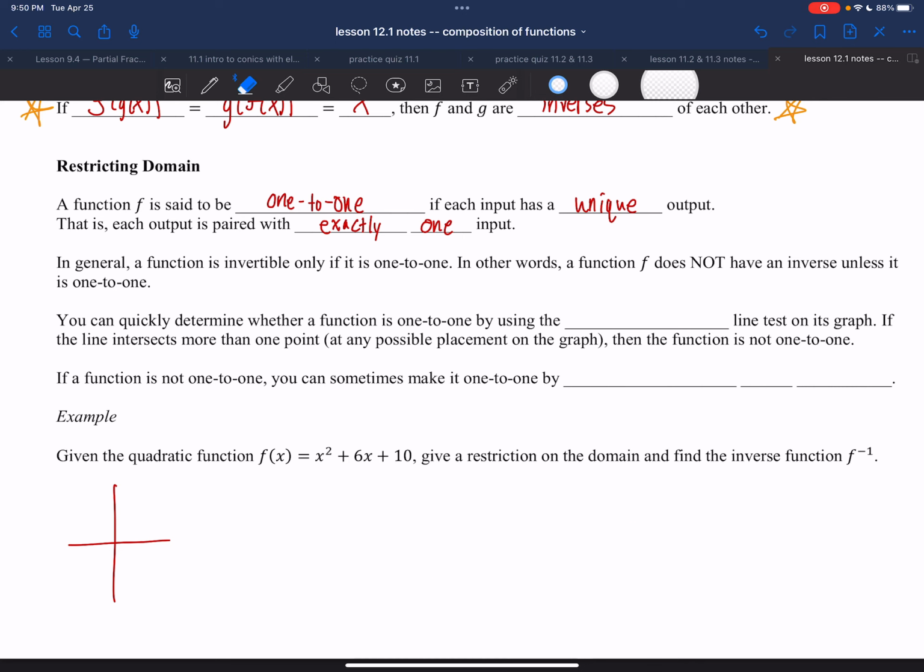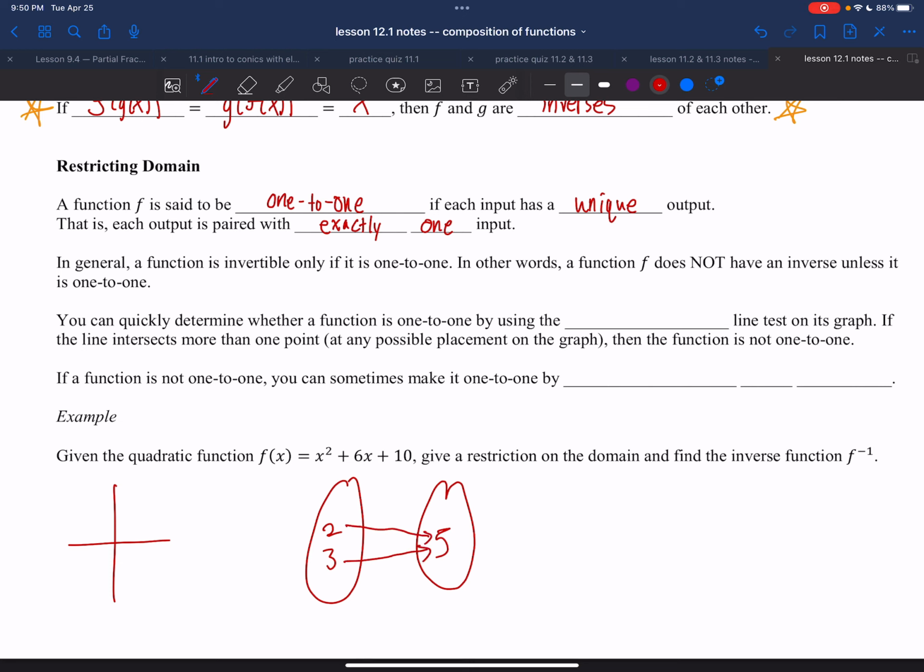So I'm going to erase all this. If I say that I have 2 and I have 3, and let's say I have the output 5 over here, if 2 maps to 5 and 3 maps to 5, that's okay because this can happen. Here's an example. If f of x equals x squared, what's f of 2?